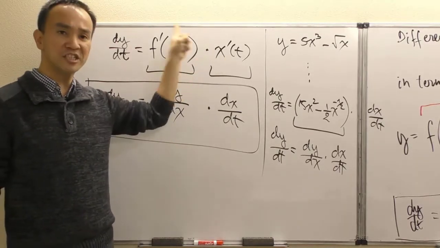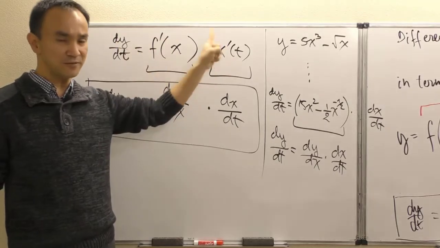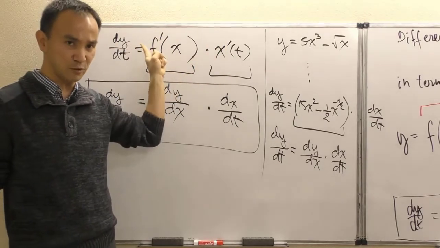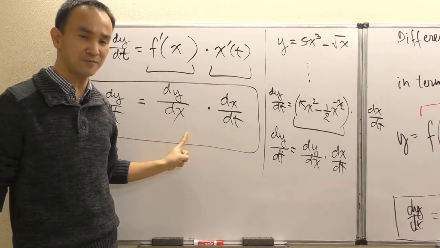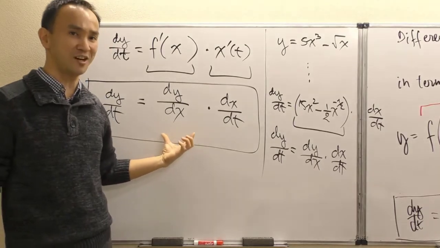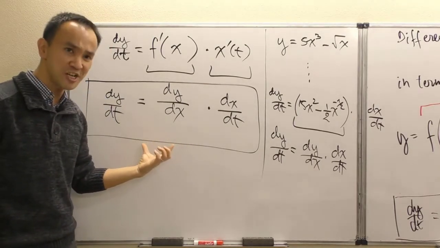So this is commonly seen in all calculus textbooks, but over 90% of textbooks will also include this line as a different interpretation of the chain rule.